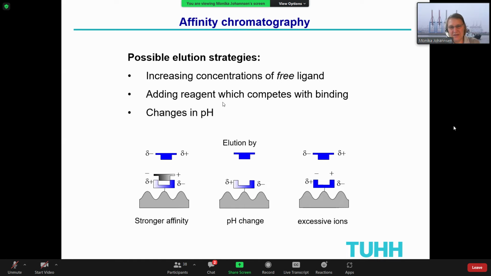We could add a reagent which competes with the binding, something with a stronger affinity, for example, or we could change the pH, which will influence the surface charge of the protein, and then there is no longer this interaction. And this is just, we add some excess ions, which block the charged groups on the ligand.